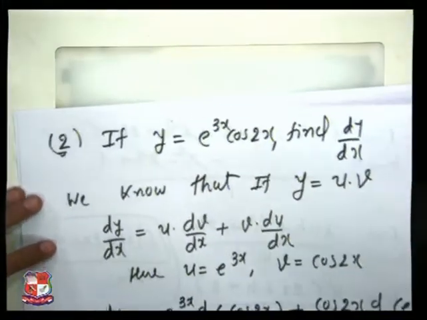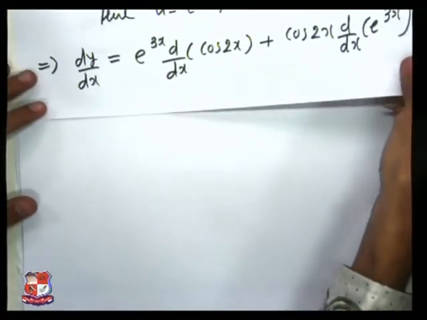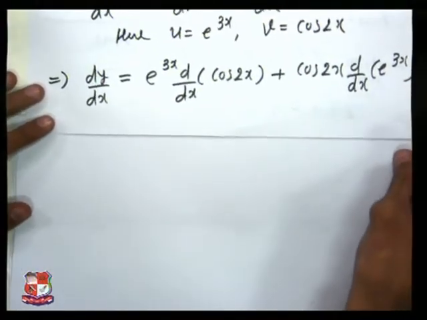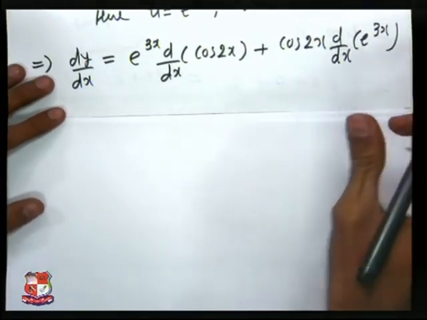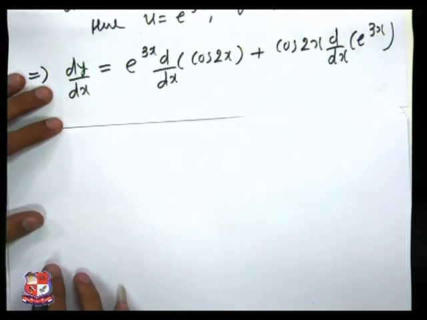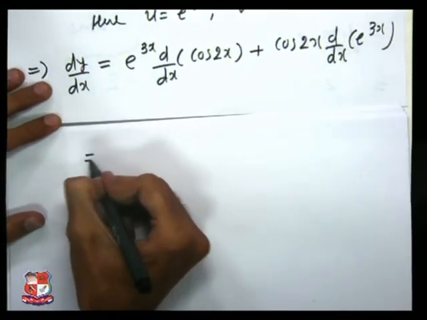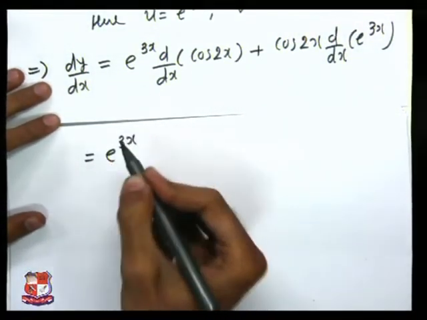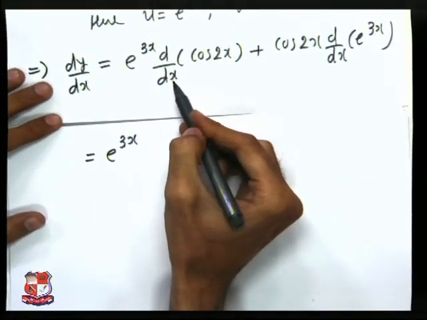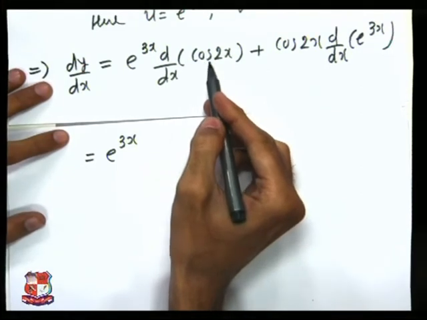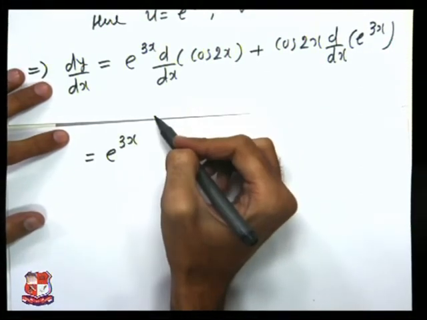After the calculation of differentiation, you all know the differentiation formulas, which you must remember. Here we get e raised to 3x, and the differentiation of cos theta is equal to minus sin theta.